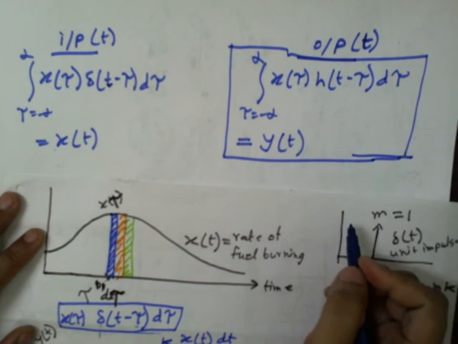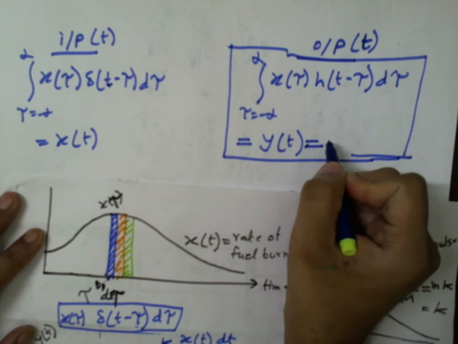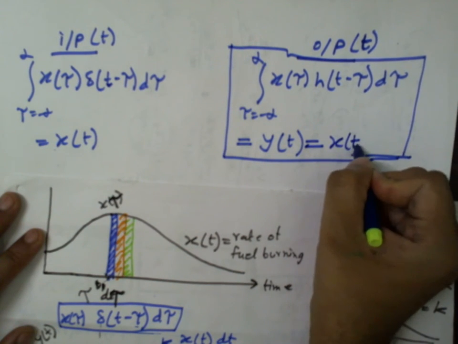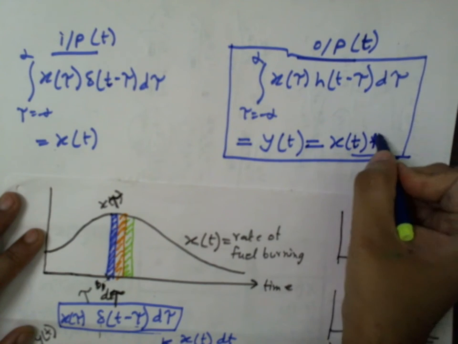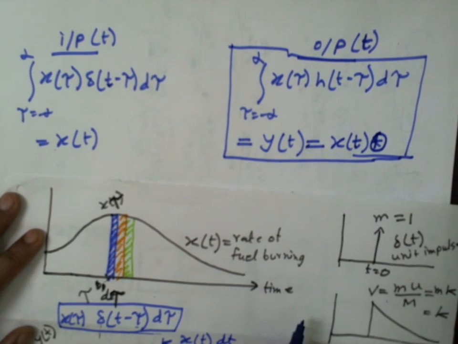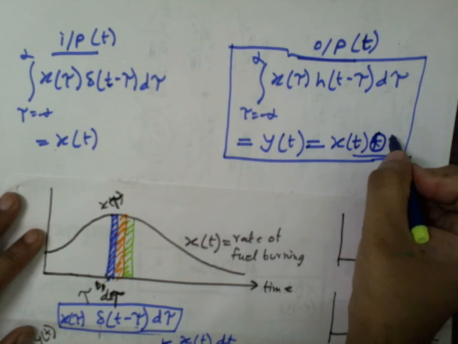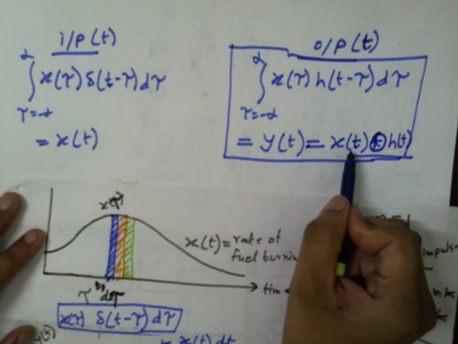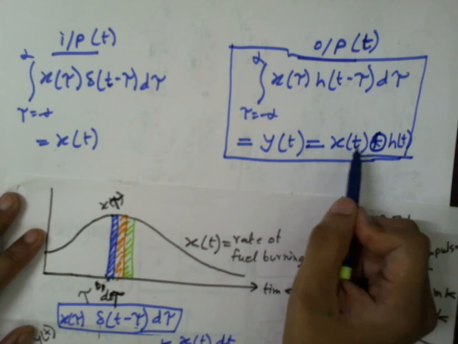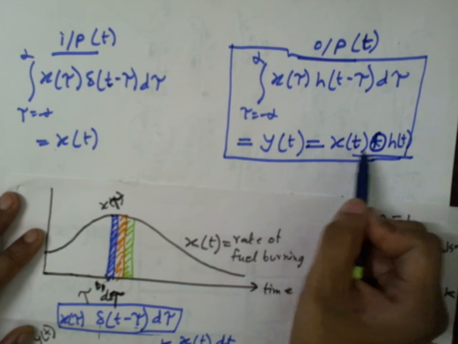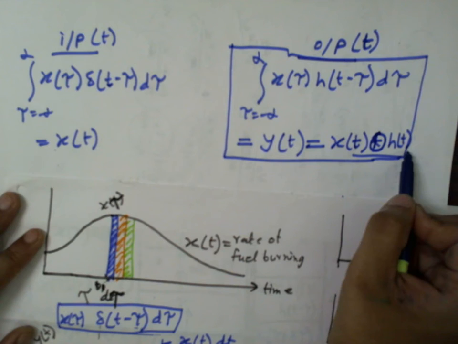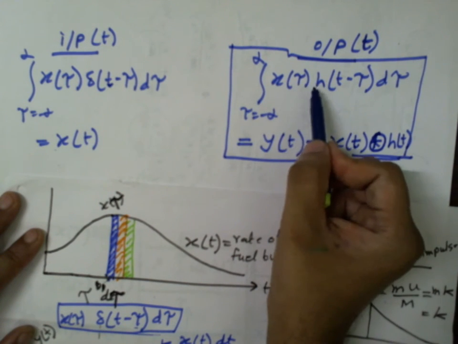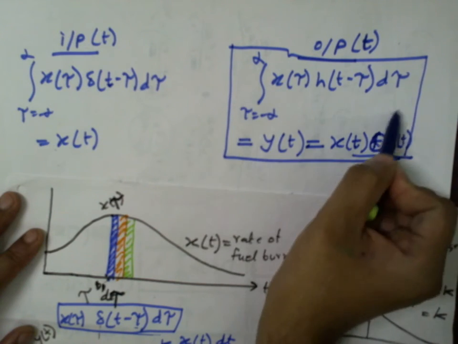This is symbolically denoted like this, a star in a circle, h(t). Given x(t), the input or excitation function, and the impulse response function, using these two we can derive the output by this formula.